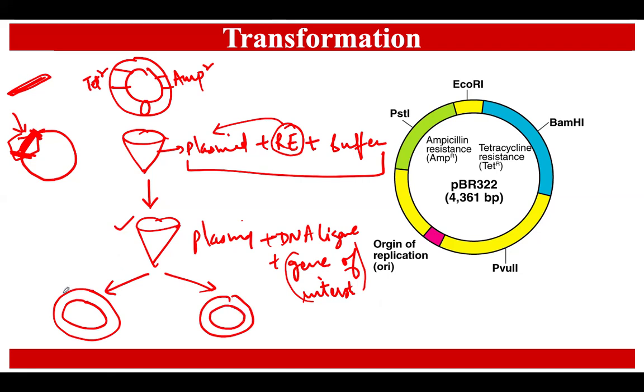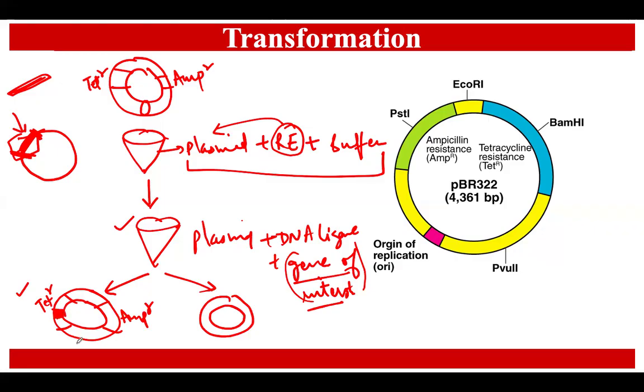For example, let's suppose that this is the plasmid, this is the ampicillin resistant gene here, and this is the tetracycline resistant gene. There is a possibility that the desired gene will be integrated. Let's suppose that we used the restriction site from the tetracycline resistant region. So in this case, there will be an integration of the desirable gene here, right?